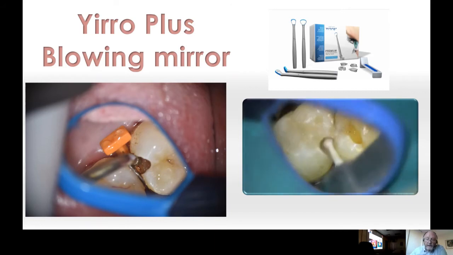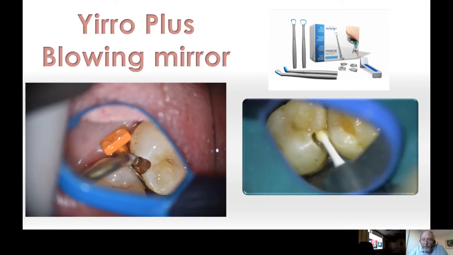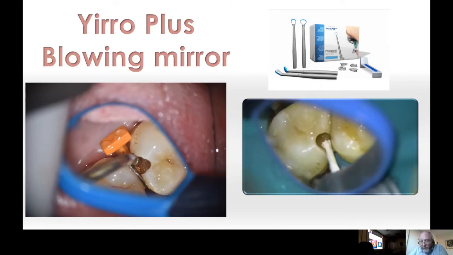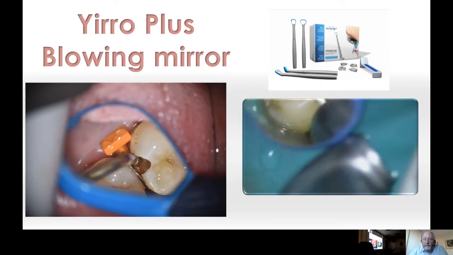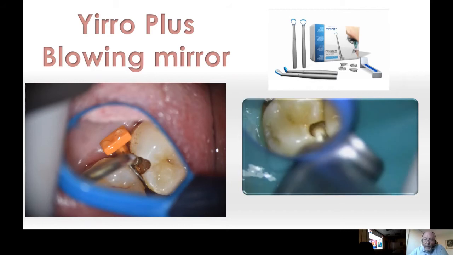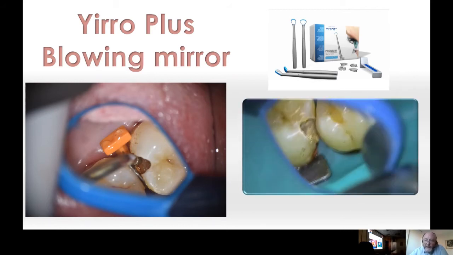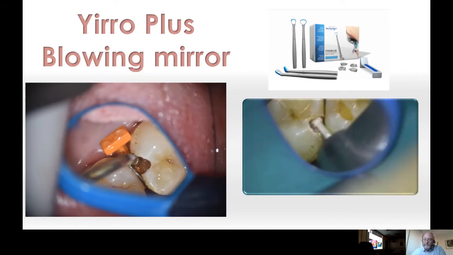You can see here we are on the second upper molar, and then directly we can see with a microscope, and then the bowing mirror give all the opportunity to work directly and control all the different steps.